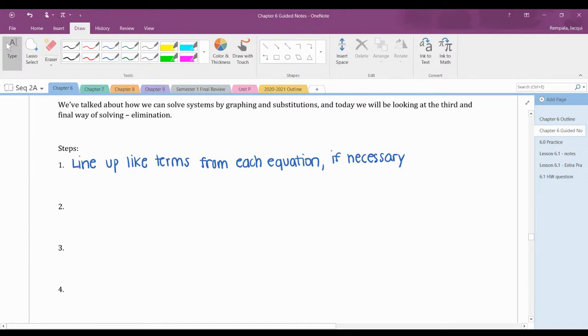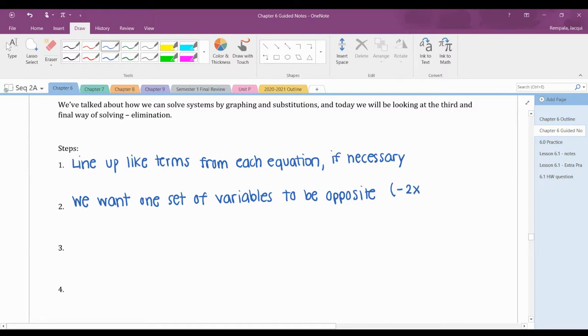Our second step, we want one set of variables to be opposite. So what I mean by opposite is if I have a negative 2x on the top equation, then I want a positive 2x on the bottom equation. So we want one set of variables to be opposite.